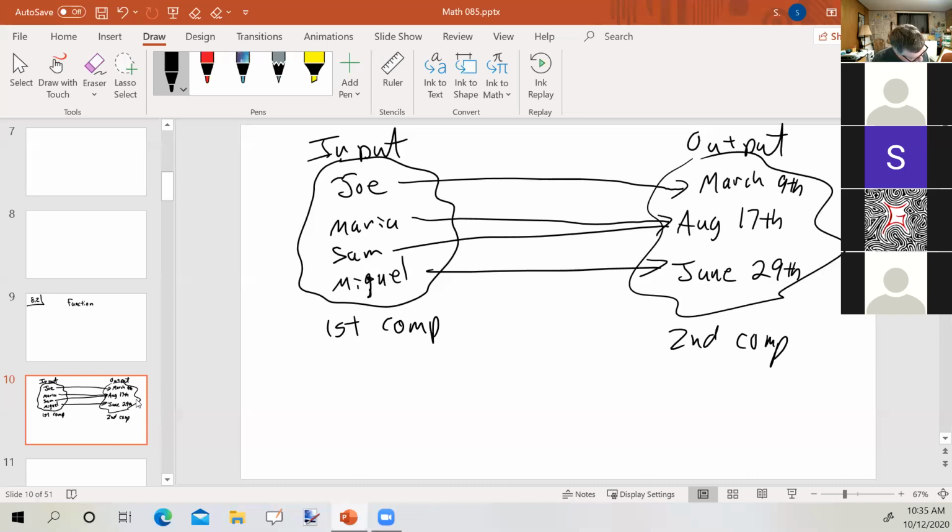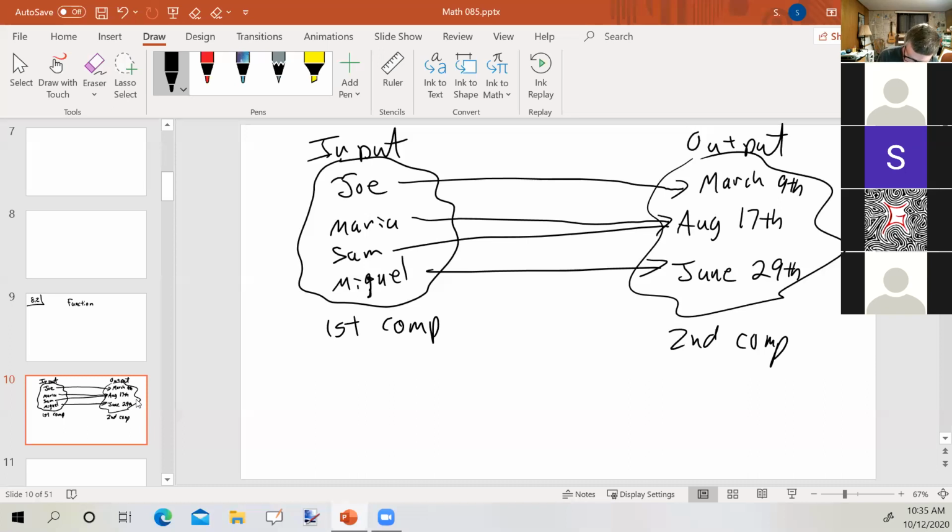Again, for each first component there corresponds exactly one second component. In other words, each person has exactly one birthday. 2 people can still have the same birthday, but one person can't have 2 birthdays.